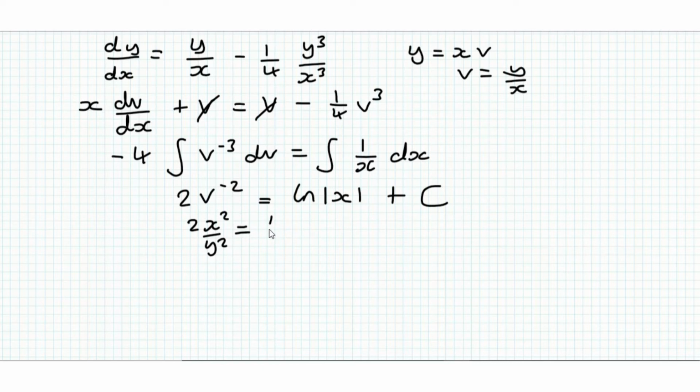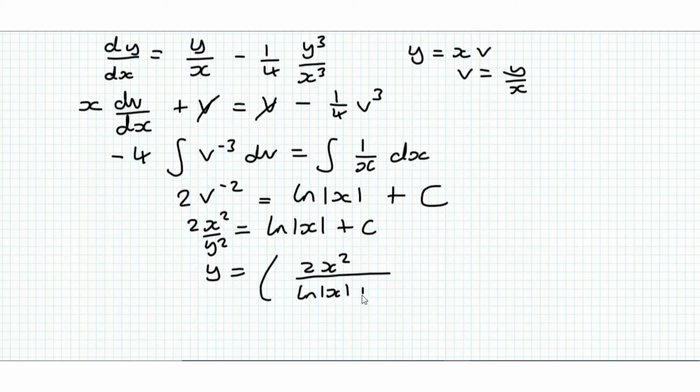Now rearranging, so multiplying up by this, dividing by this, and then taking the square root is going to give us y is equal to 2x squared over ln of x plus c, all to the power of a half. Okay, and that concludes this example.